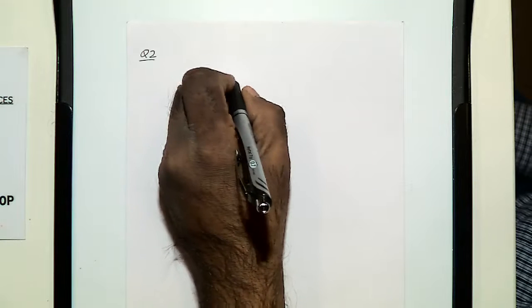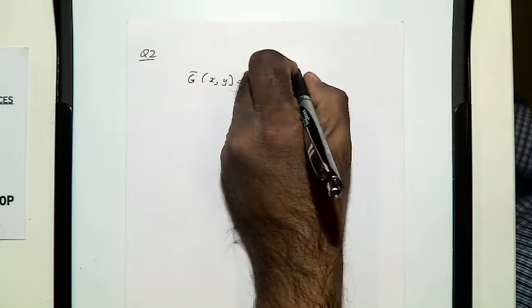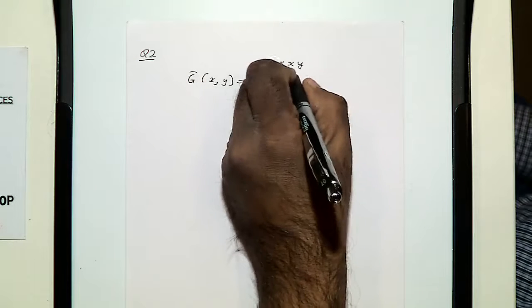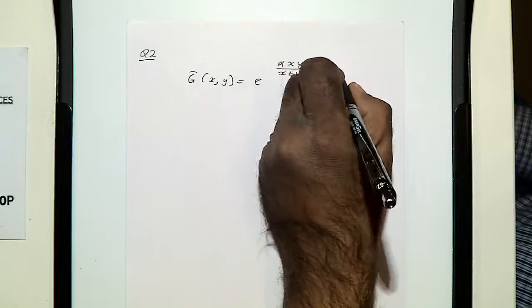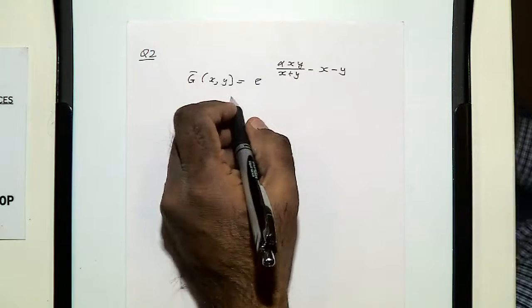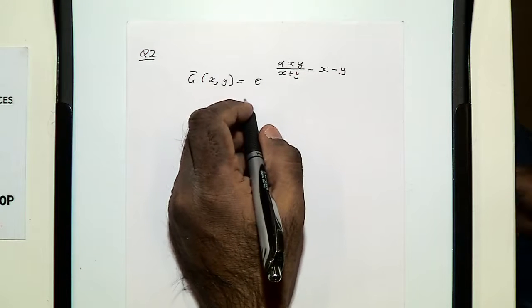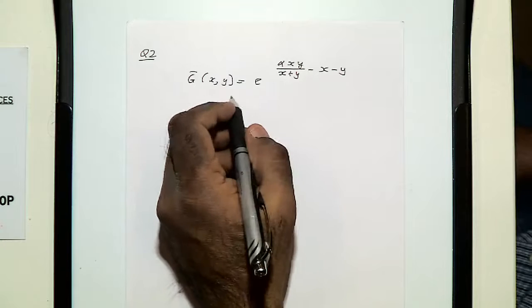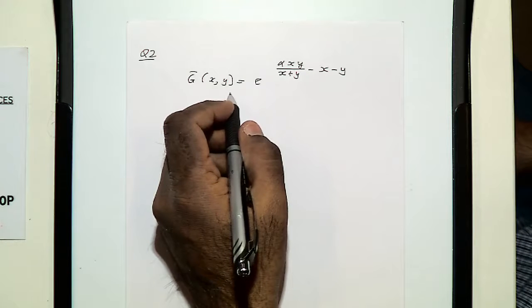G bar equals exponential of alpha xy divided by x plus y, minus x minus y. Now, I gave you 4 representations the other day, and you need to work out which of the 4 representations this can be put into.